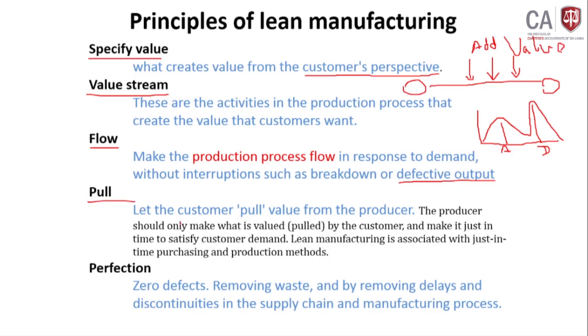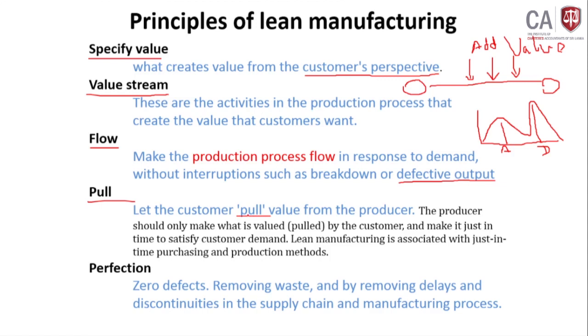Pull. Let the customer pull value from the producer. The producer should only make what is valued by the customer. Make it just in time to satisfy the customer demand. Lean manufacturing is associated with just-in-time purchase and production methods. Pull the value.